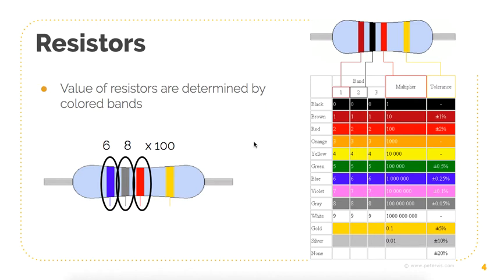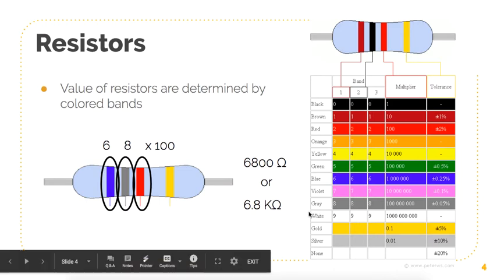So this particular resistor, blue, gray, red, has the value of 6,800 ohms. You don't necessarily want to leave it in this form here. You want to make it into its simplest form. So 6,800 ohms can also be 6.8 kiloohms. So you're going to want to put it in kiloohms to get rid of all those zeros at the end.